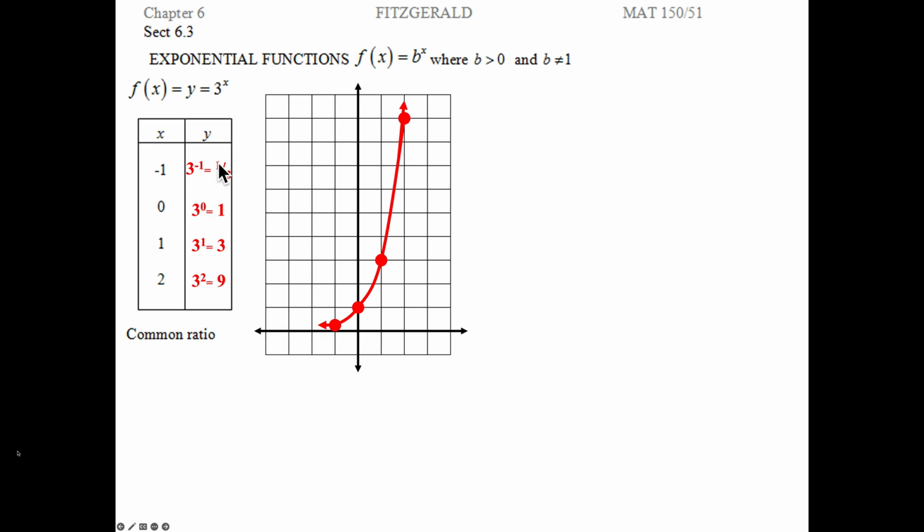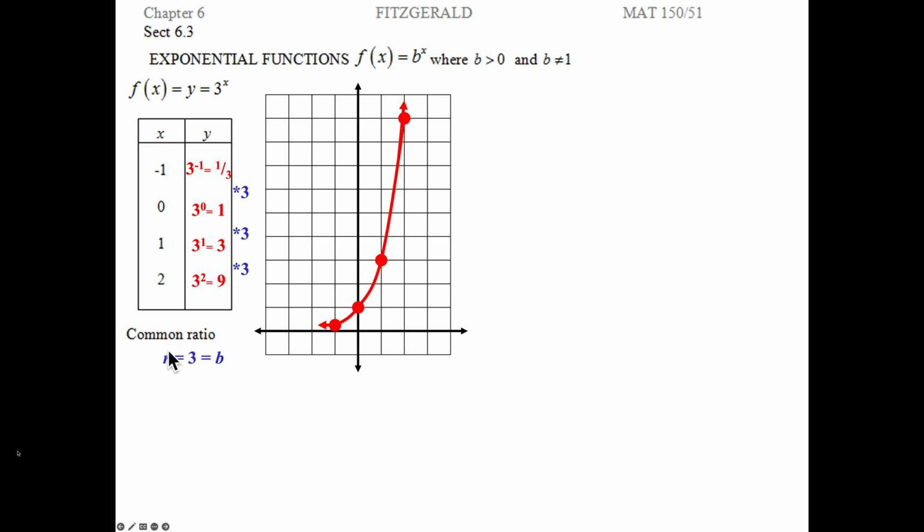The one thing I want you to notice is we also have another terminology here called the common ratio. And the common ratio is this value in your y's. 1/3 times 3 is 1, 1 times 3 is 3, 3 times 3 is 9. This 3, which is your base, is also recognized as the common ratio.